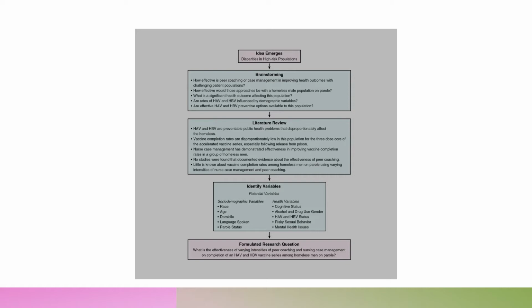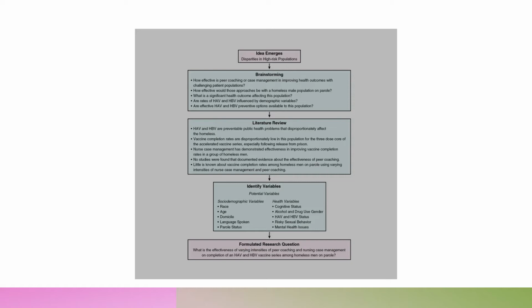Or how effective would this approach be for males experiencing homelessness and who happen to be on parole? These are some examples of things people go through when they're brainstorming. Of course, there are different ways we might phrase these today than when this was actually done.